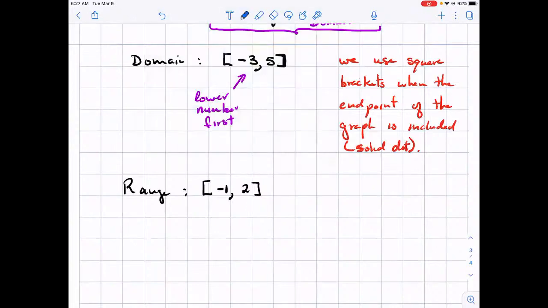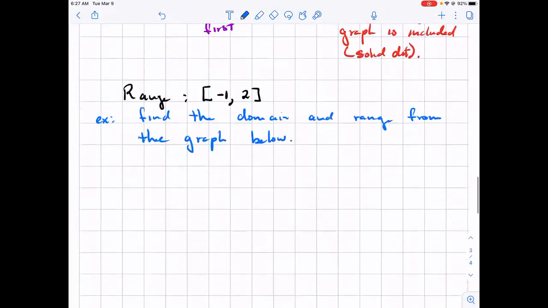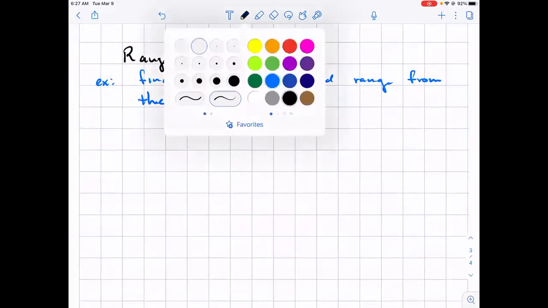So, example: find the domain and range from the graph below. Okay. So now we want to find the domain and the range from the graph below. So let's look at this graph.